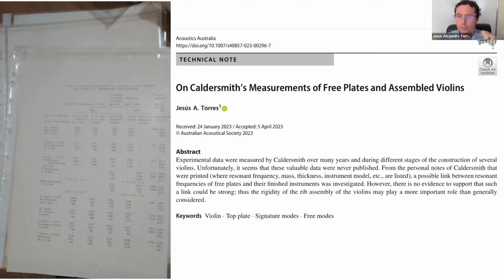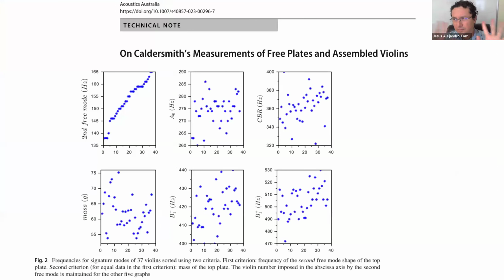In this paper, we are showing an analysis of particular data. We are sorting the second free mode of top plates in ascending order, and the rest of the graphs keep this order. We are looking for a link between free frequencies and signature modes.